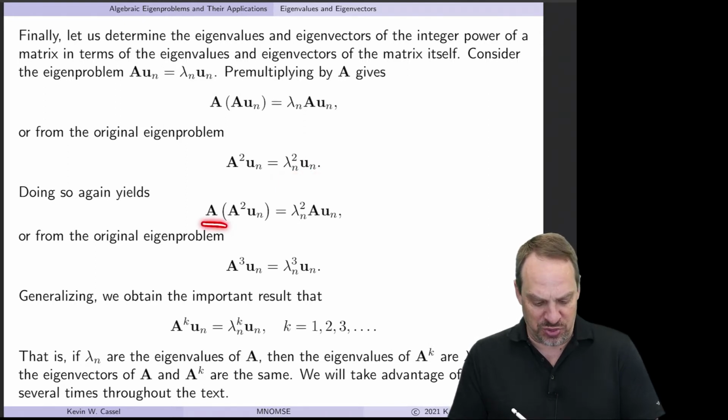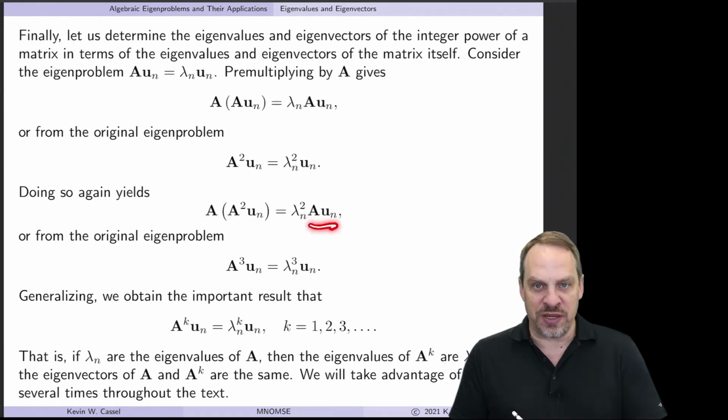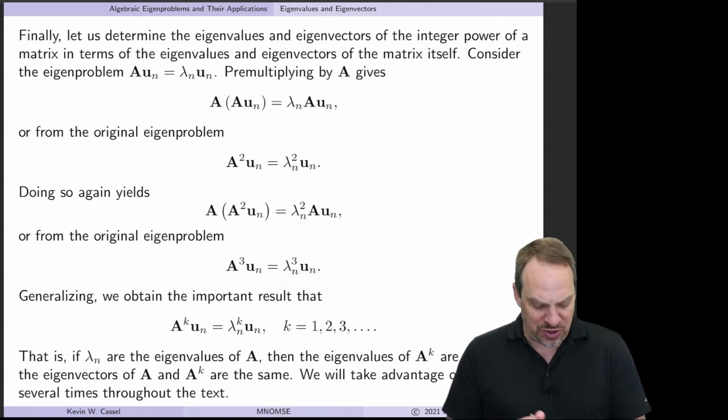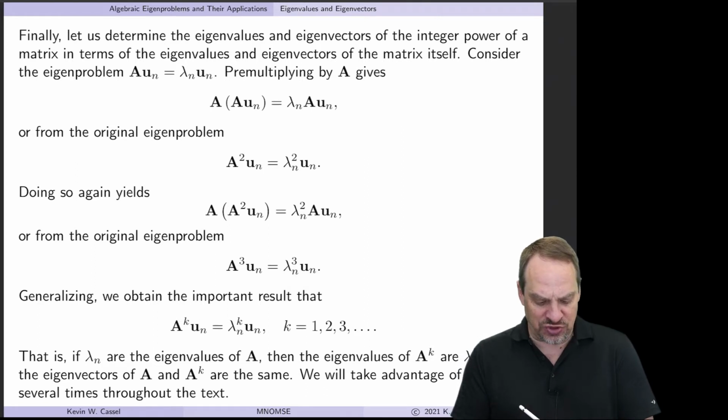Do that again, pre-multiply by A on both sides. You have A cubed u on the left, and then A u is lambda u, so that becomes lambda cubed times u. You can quickly see the pattern developing here, and we can generalize this.